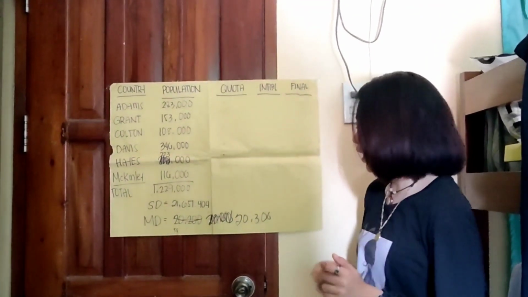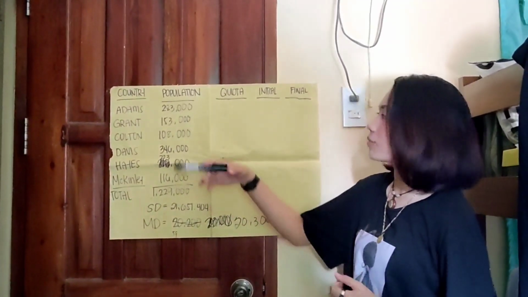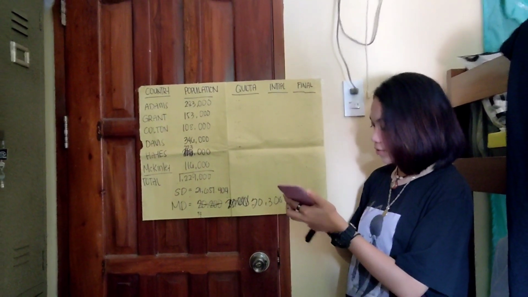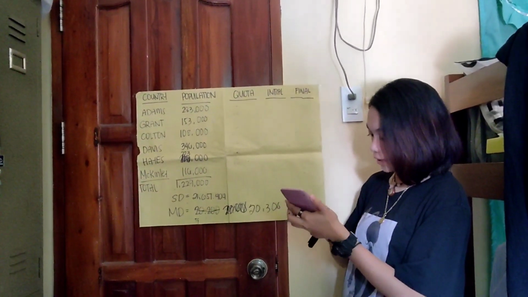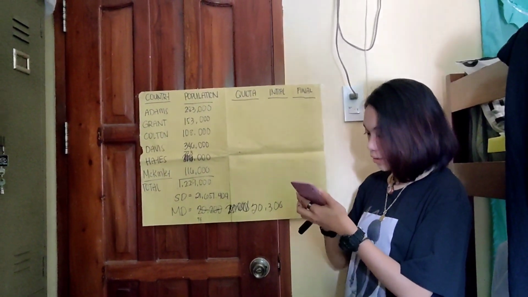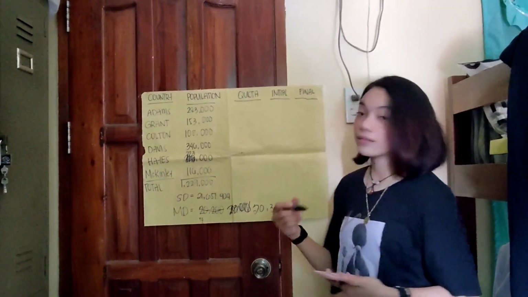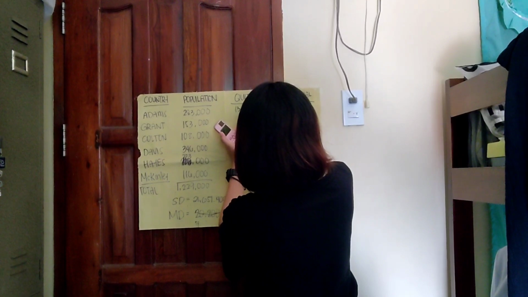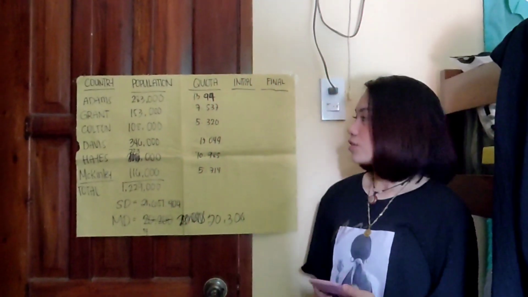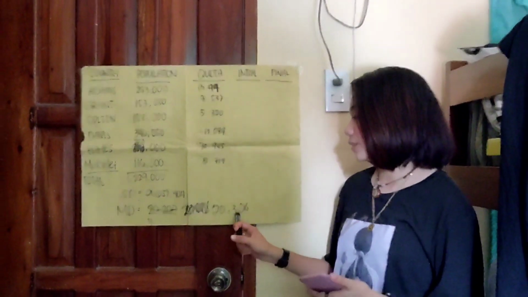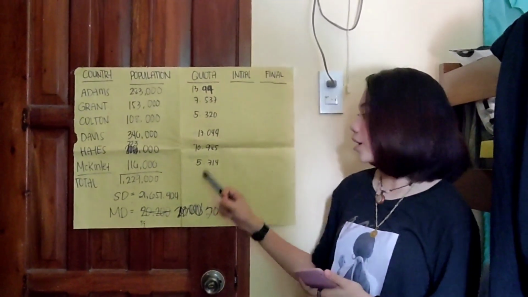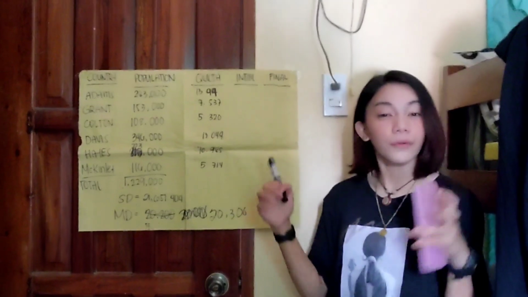Let's say 20,300 divided by our population. We have 20,300 divided by 283,000 is equal to 13.49, so 13. I calculated 20,300 divided by our population. This is our quota, or the final number.